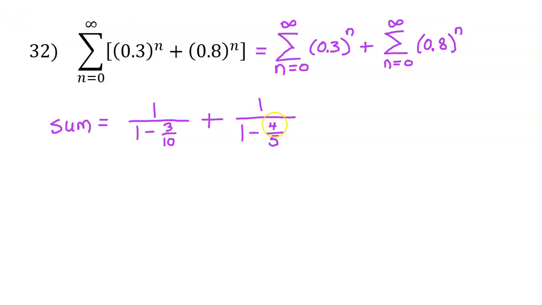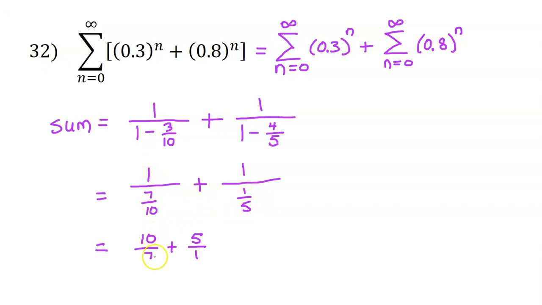Actually, I'm going to write 8 over 10 as 4 over 5. 10/10 minus 3/10 is 7/10, and 5/5 minus 4/5 is 1/5. Taking the reciprocal of each gives us 10 over 7 plus 5 over 1. We can form like denominators by multiplying by 7 over 7. So the sum of this infinite series is 45 over 7.